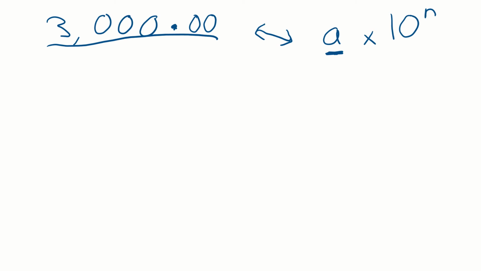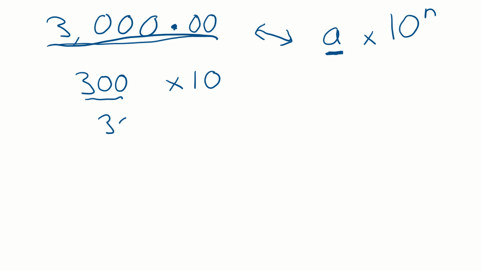And right now, if you look at the number that we have, 3000, it's not in between 1 and 10. So we're going to rewrite this as 300 by 10, because 300 by 10 is the same thing as 3000. Now again, my 300 is not in between 1 and 10.